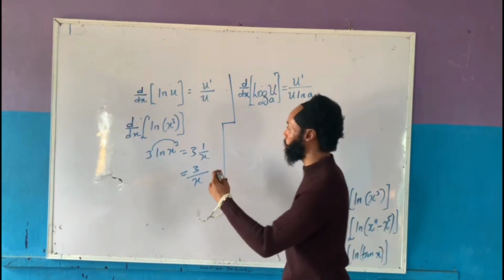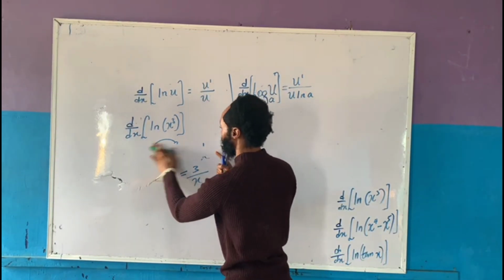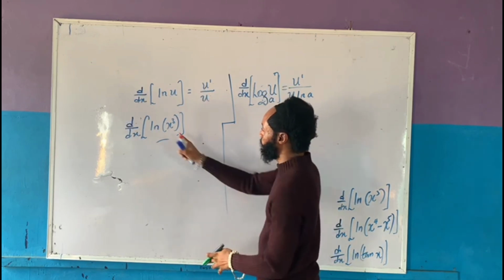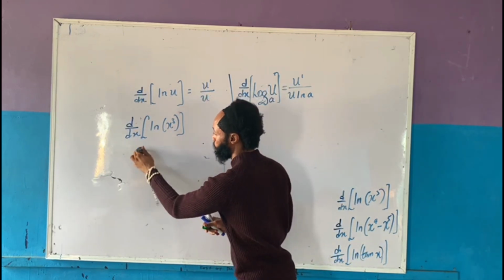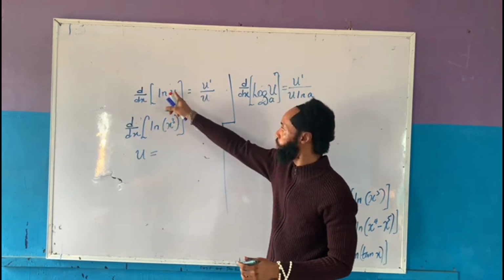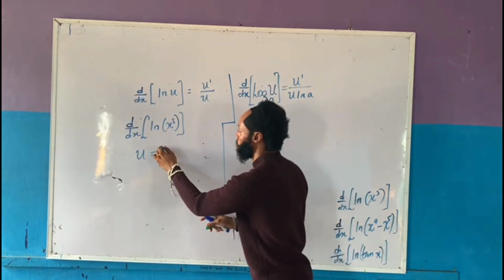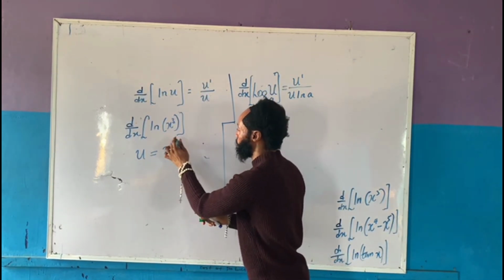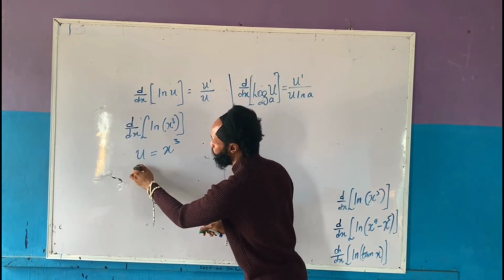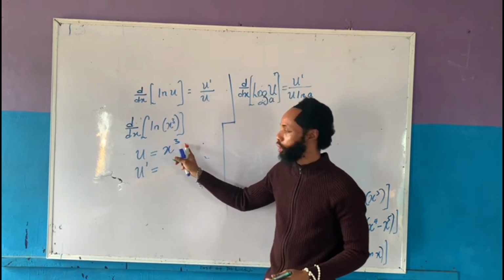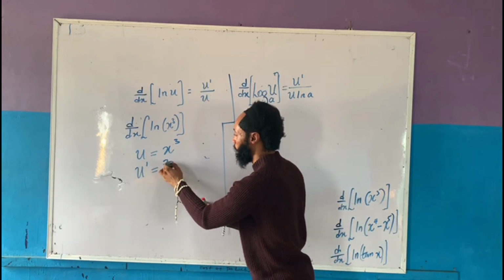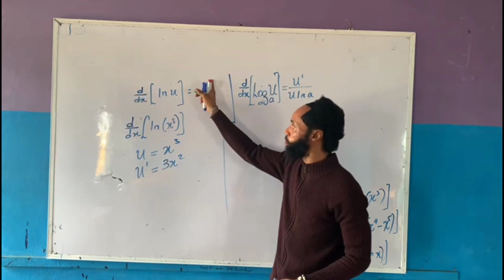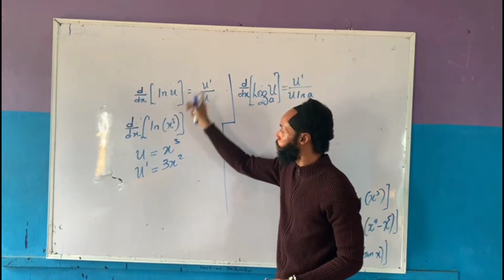But let's solve it the other way and see. Let's use this formula and see what we get. Now, our u will be x cubed. If our u is x cubed, therefore u prime will give us 3x squared. Now let's use the formula, u prime over u.